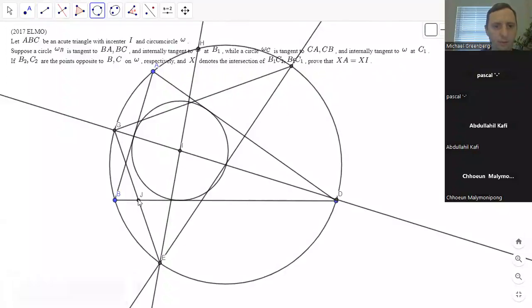It should be this, this, and that. Wait, that doesn't make sense. This. Oh no. It needs to be the midpoint of this arc.